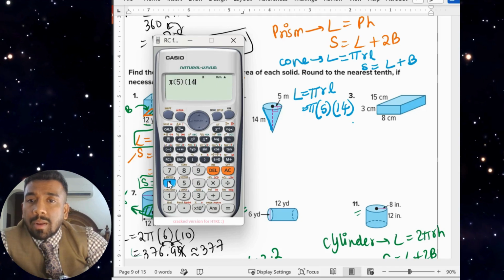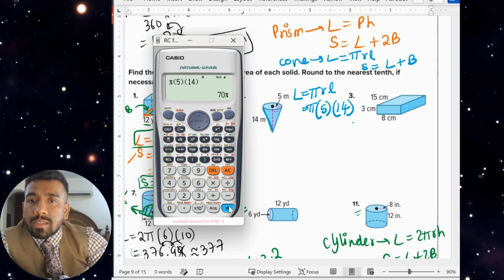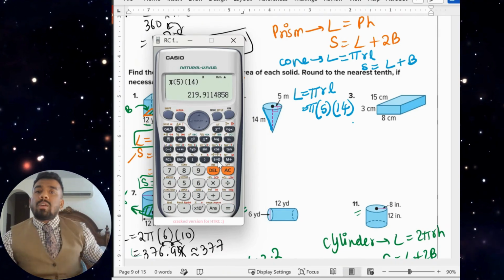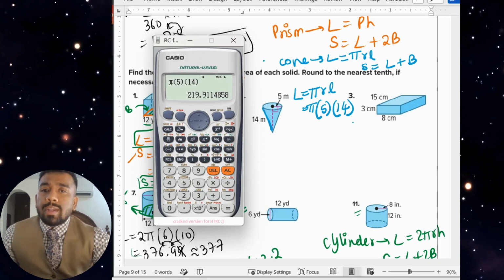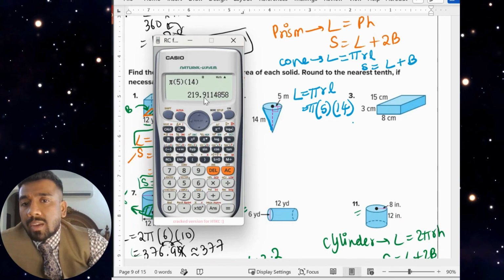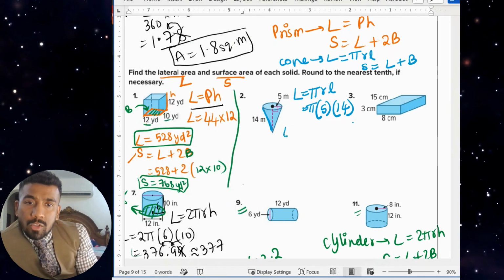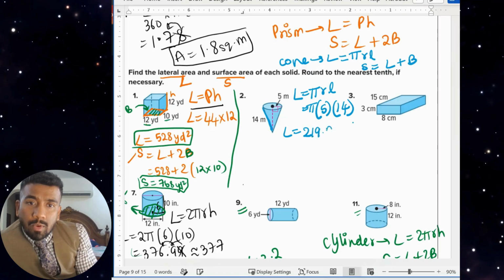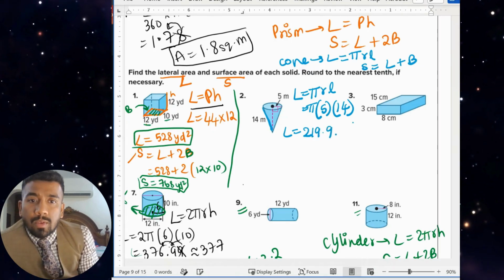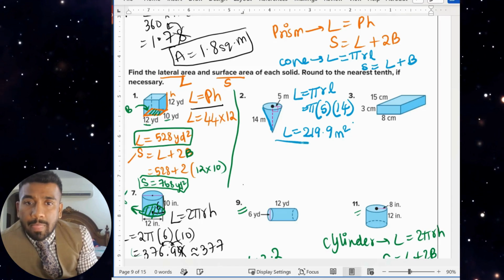You can put brackets or you can put times, it's up to you, you'll get the same answer. So what's the answer? 219.9. Rounded off it will still remain 9. 219.9 meter square. That's the lateral area.